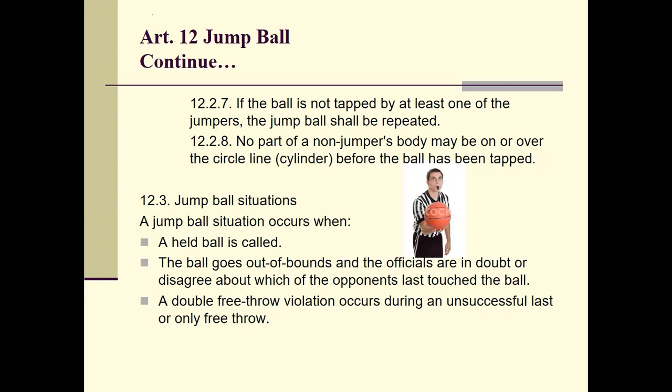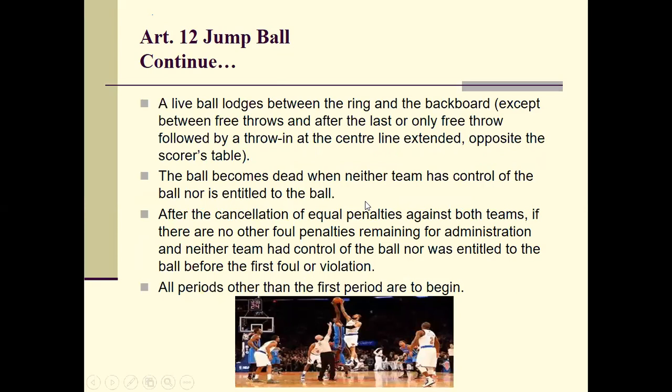Those are the other times that you can see a jump ball situation within a basketball game. And then they say a live ball lodges between the ring and the backboard. Is there a question? Yes, sir.